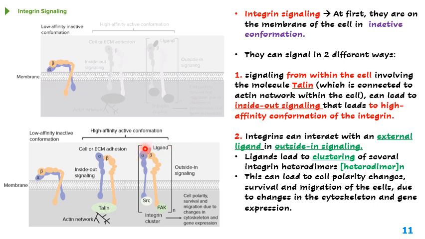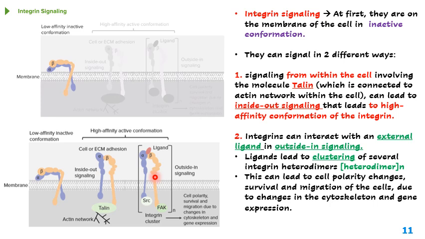If you have a lot of ligand around that is ready to interact with the high binding state, then the ligand is going to bind and is going to lock this conformation state of the molecule. Okay. So once you have one of those molecules bound like that in your high affinity state, you can have other molecules of the same type that can also bind to ligand and stay in that conformational state.